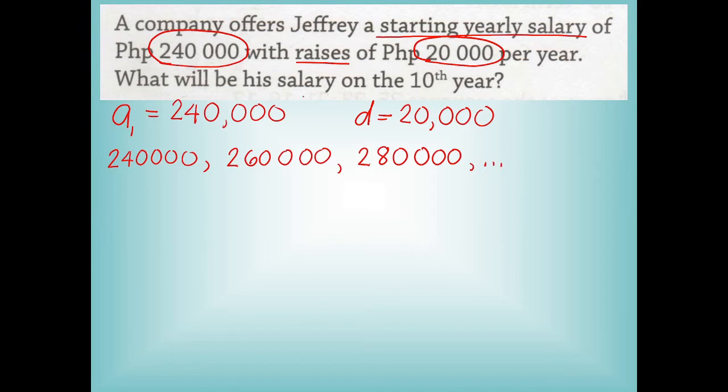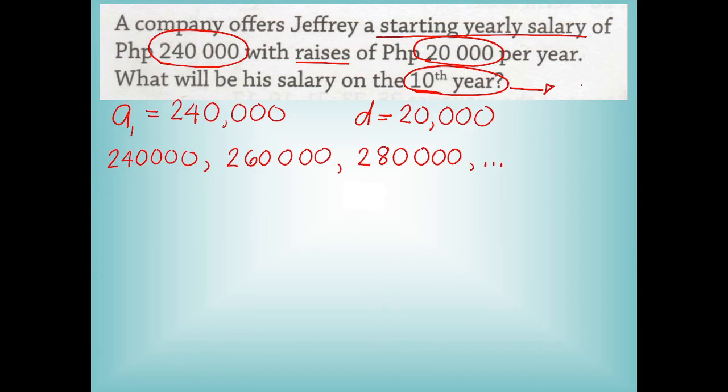But the question here is this. What will be his salary on the 10th year? What is unknown here? Is it S sub n or is it A sub n? A sub n. So here's one thing to consider.